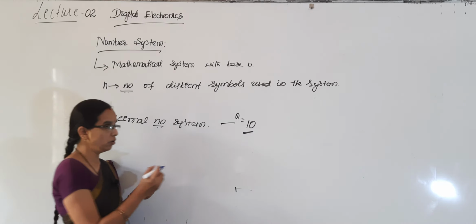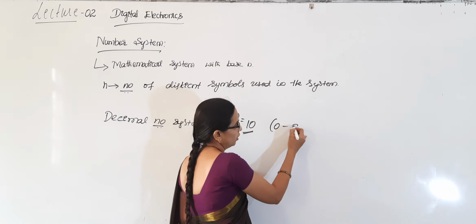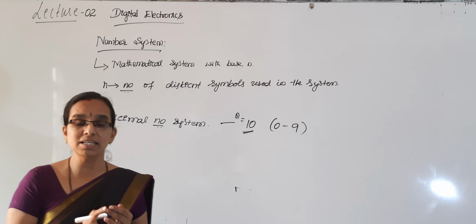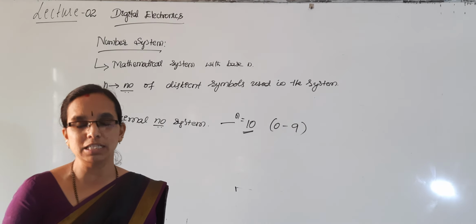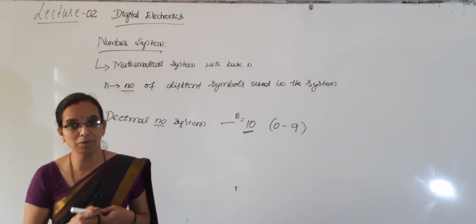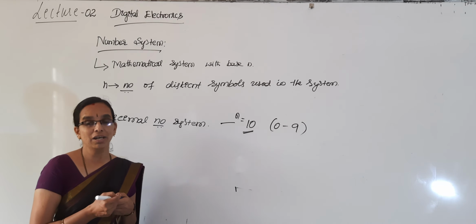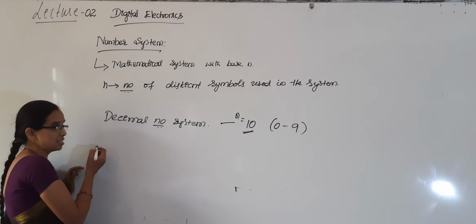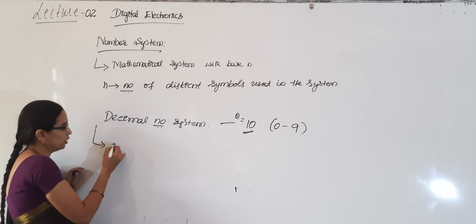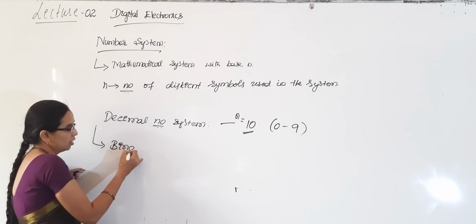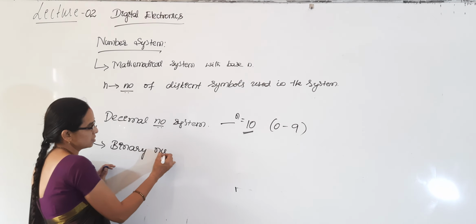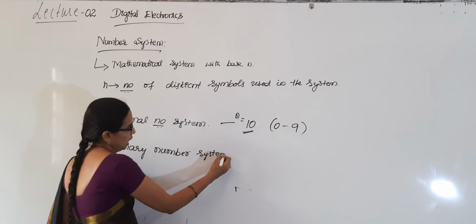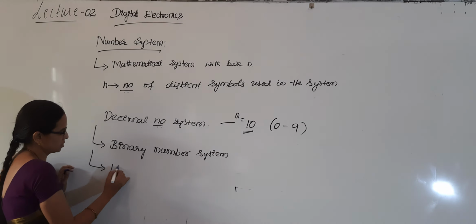From 0 to 9, there are 10 different symbols used to represent any number, which is very familiar to us because we use it on a day-to-day basis. Along with the decimal number system, we have to learn the binary number system and the hexadecimal number system.